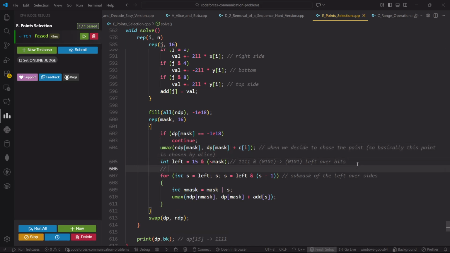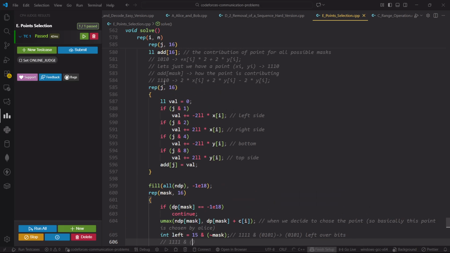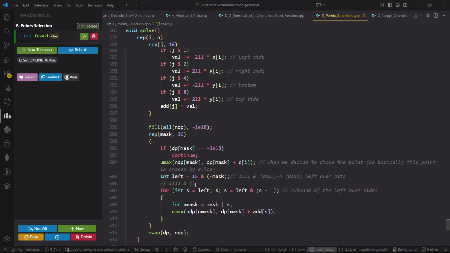This can be seen by 15 being basically 1111. We can take an and, for example, if this was the mask, then we can just take a negation of this mask, which basically denotes the opposite bits. So 1111 and the negation of 0001 would give us 0001.